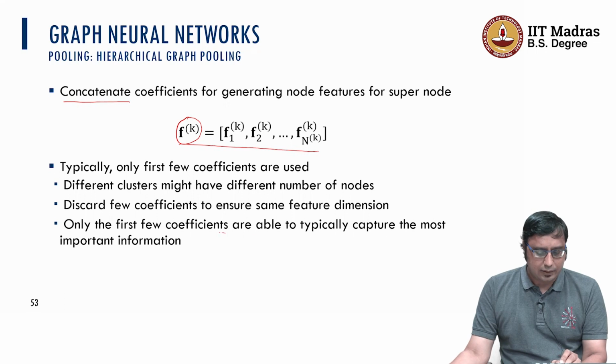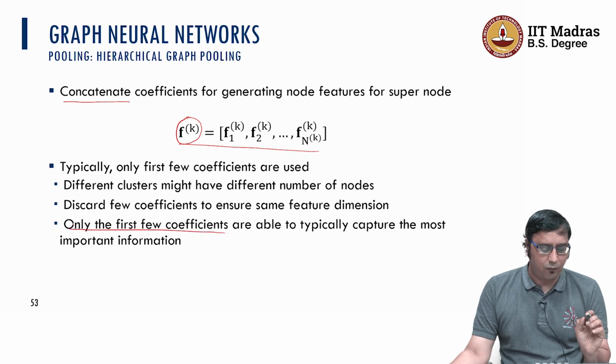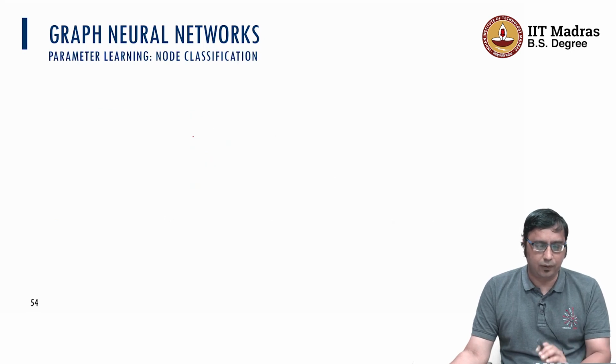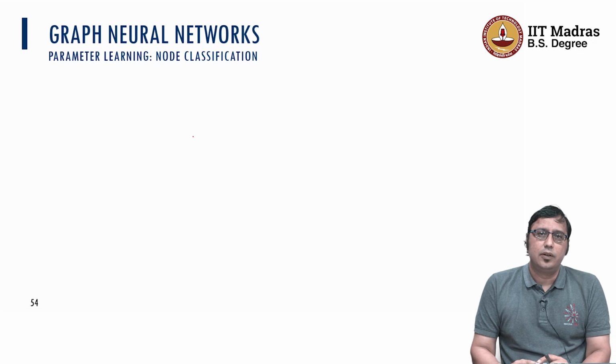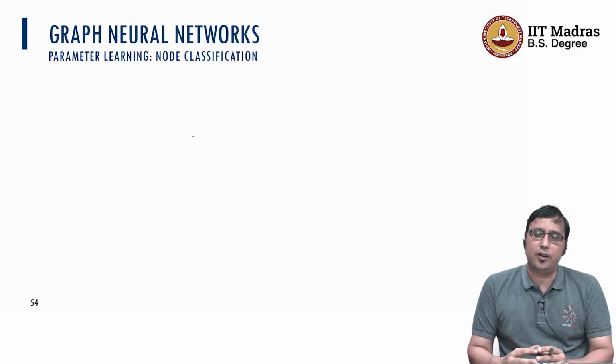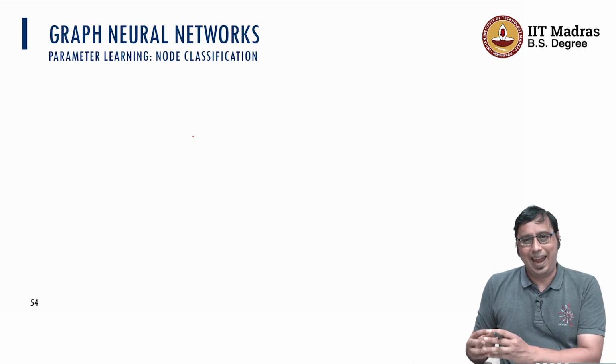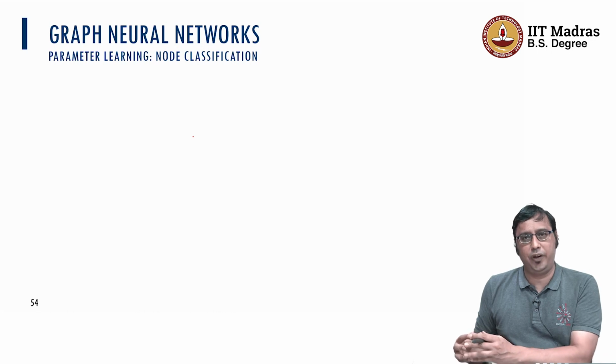So just keeping the first few coefficients for each supernode, of the same size, is a quite reasonable way of going forward and applying the graph pooling operations. And hence, with these two steps, we have a pooling operation for each input graph to obtain the coarsened graph and corresponding node features.